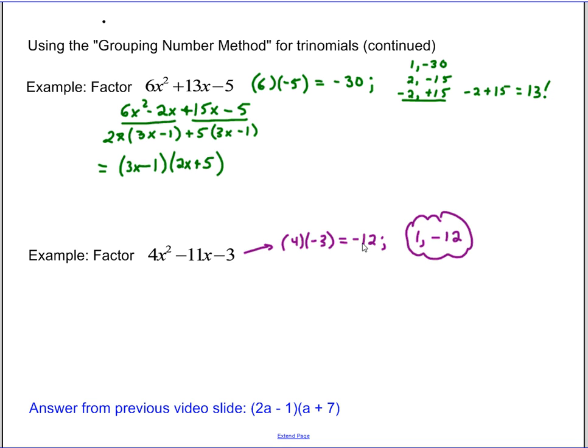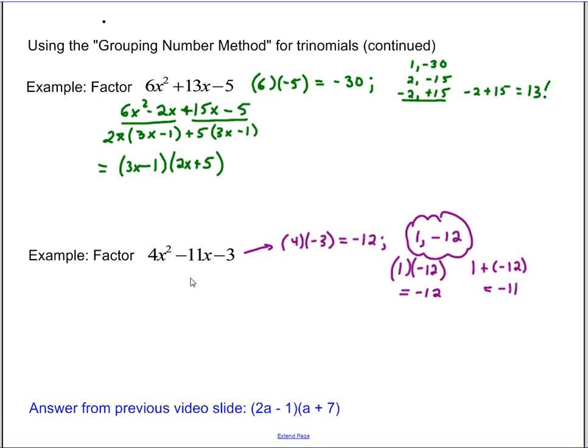Why? Well, 1 times negative 12 is negative 12. Right? That's one thing that we want to happen. So the pair must multiply together to give you negative 12, our grouping number, and 1 added to negative 12 gives us negative 11, which is, again, exactly what we wanted.